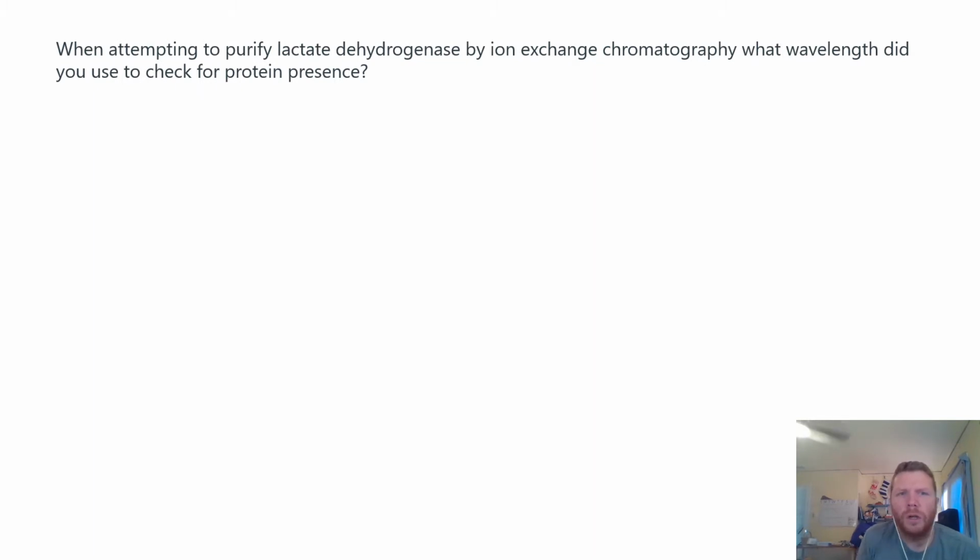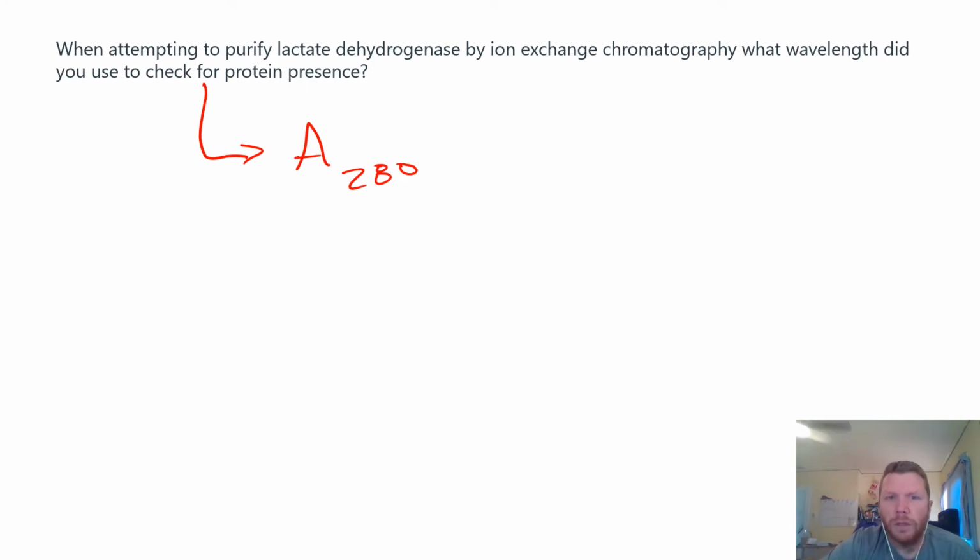All right, question number 4. When attempting to purify lactate dehydrogenase by ion exchange chromatography, what wavelength did you use to check for protein presence? Well, this one, we started out with A280. And that was just our general survey of, do we actually have protein in the sample?